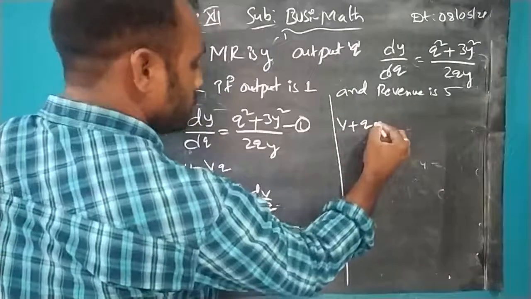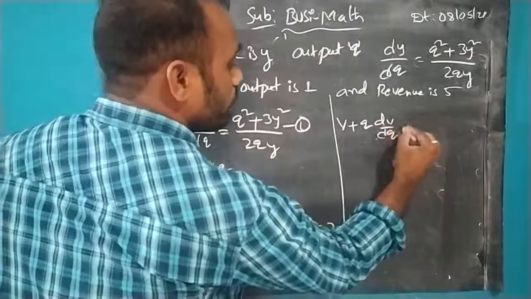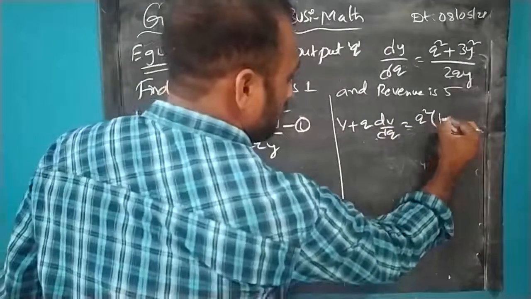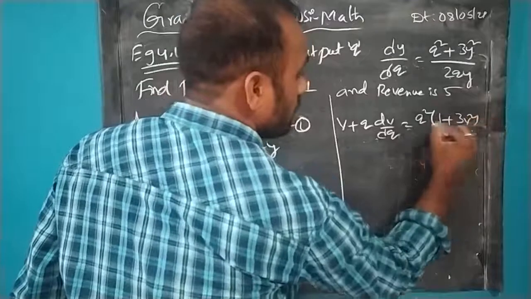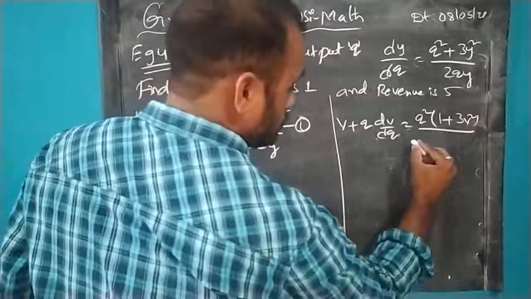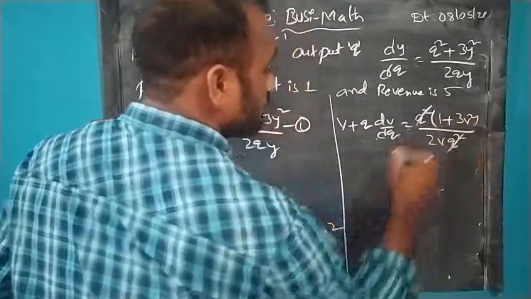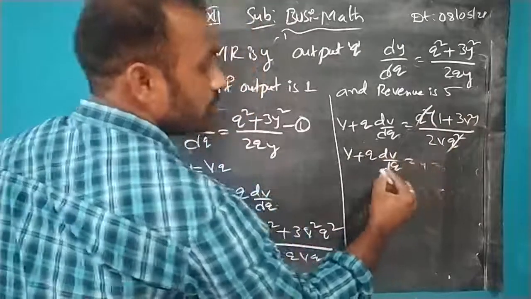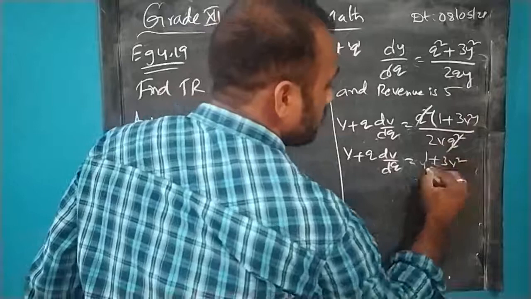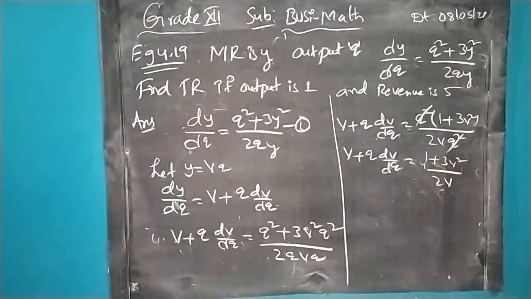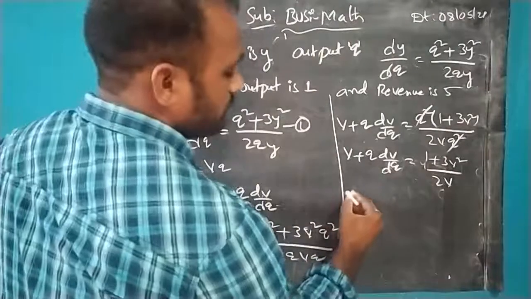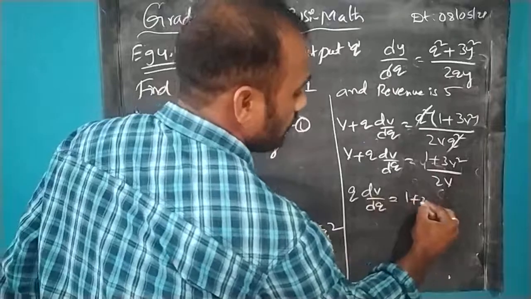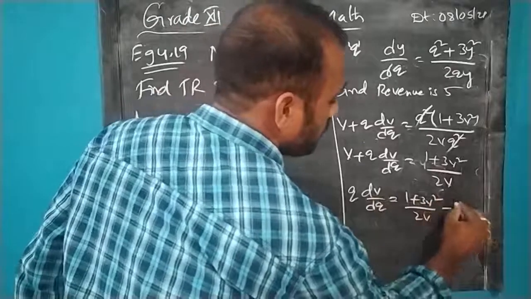So v plus q dv by dq is equals to, you can take q square common in the numerator, 1 plus 3v square divided by 2v q square. Q square gets cancelled. So v plus q dv by dq is equals to 1 plus 3v square by 2v. Let me transpose v to the other side. It will be written as q dv by dq is equals to 1 plus 3v square by 2v minus v.